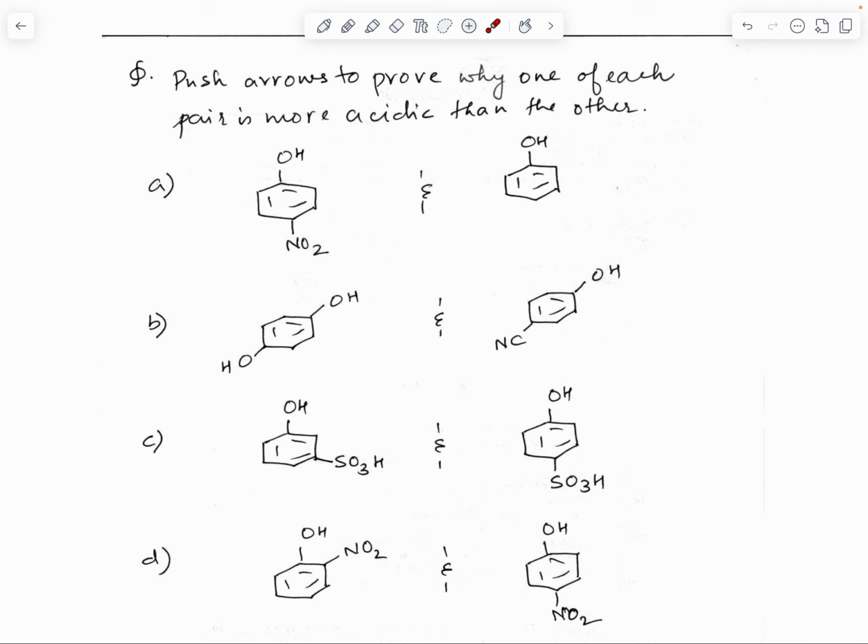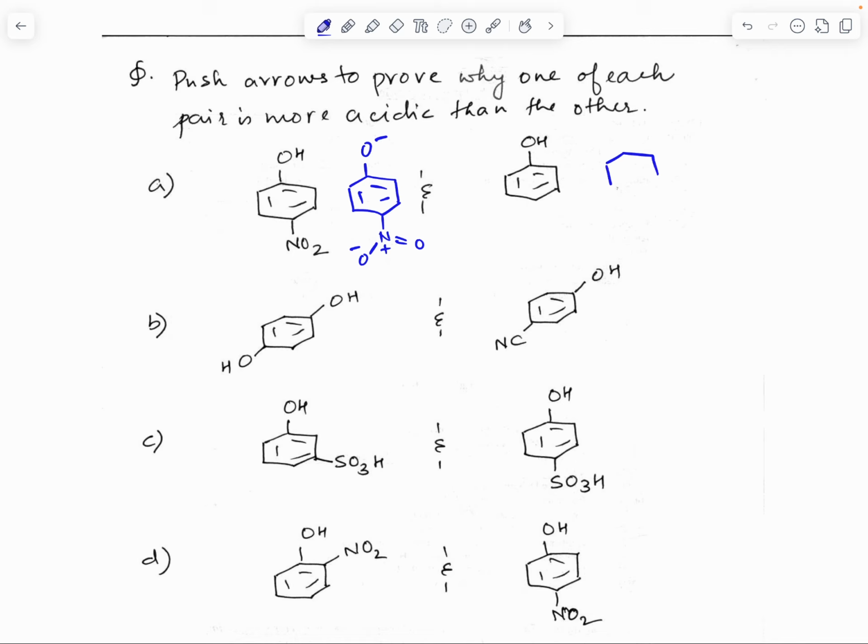If there's more resonance stabilization, that means the conjugate base is more stable. Okay, so write out the conjugate base of the first compound by deprotonating the OH, and it's always good to draw out all the groups, okay?